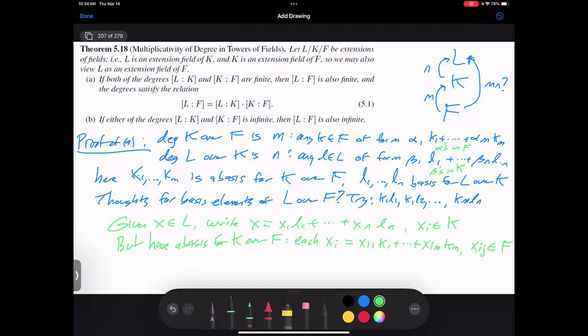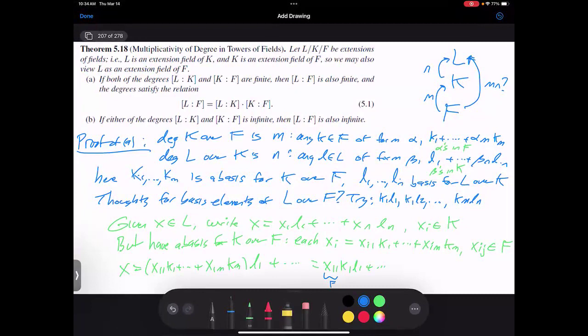So if we expand, we get X is equal to (X11 K1 plus dot dot dot plus X1m Km) L1 plus dot dot dot. And when you expand it, you'll get X11 K1 L1 plus dot dot dot, and this is going to be in F. So does everyone see I'm doing it as a two-step process?